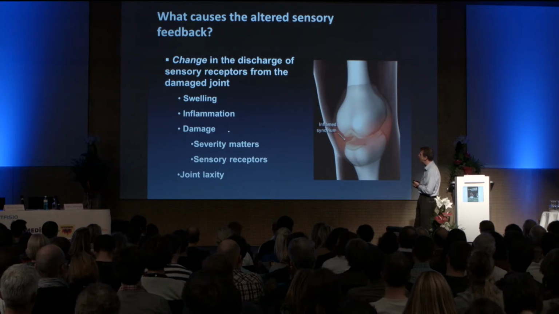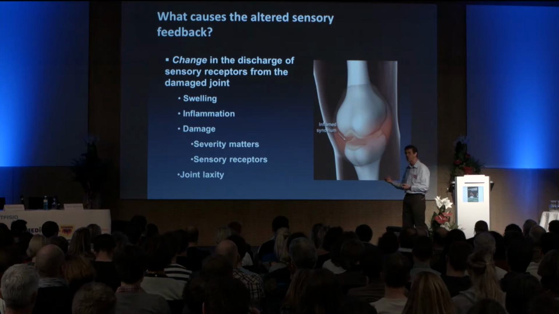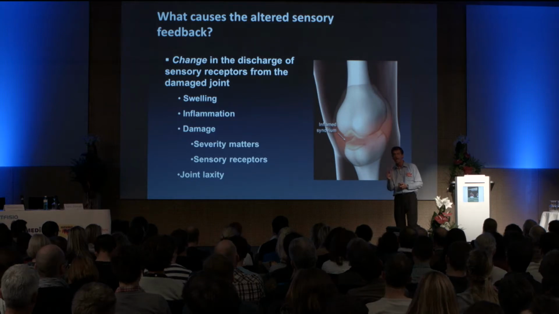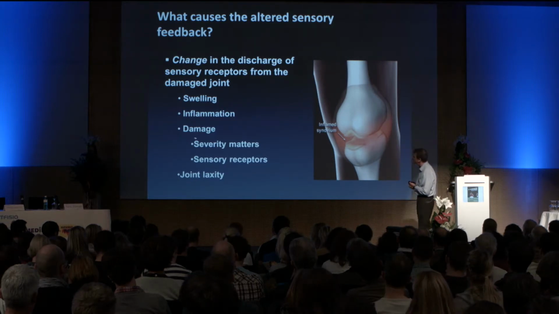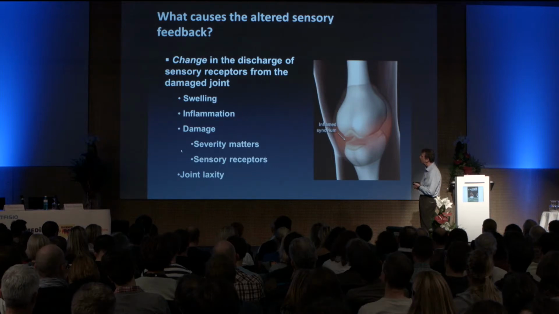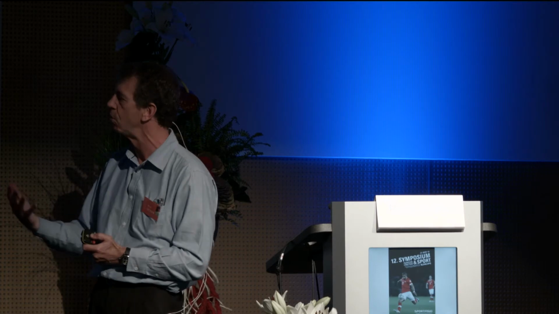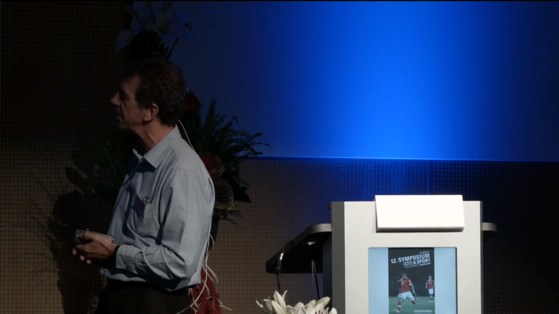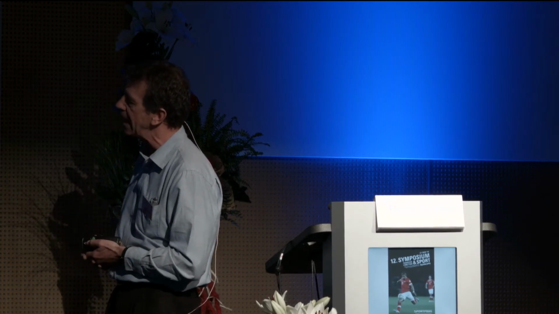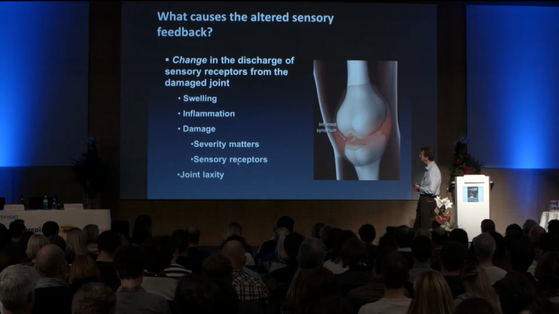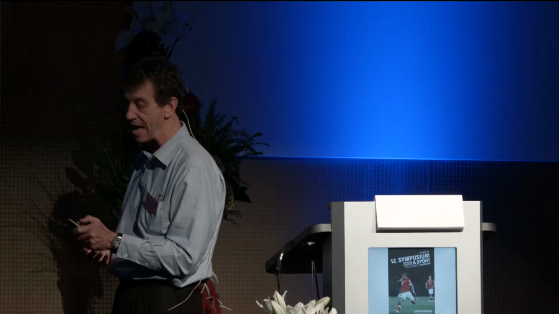Similarly, if you have damage to particular structures, you might damage your anterior cruciate ligament, you might damage the actual receptors within that ligament, and the more damage that you have within the joint, the greater the amount of inhibition you're going to see in quadriceps or in other muscles at other joints. And then the final influence is going to be joint laxity. If you've got joint laxity occurring which is uncontrolled, again you'll see more AMI occurring.